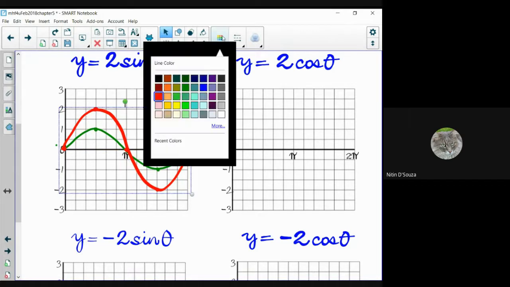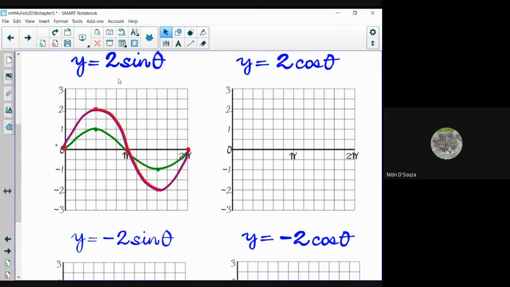I'm going to change the color to purple. The -2 essentially is going to take this purple graph and flip it. And so y equals -2 cosine will look like the purple graph.